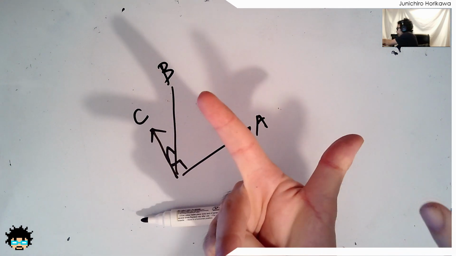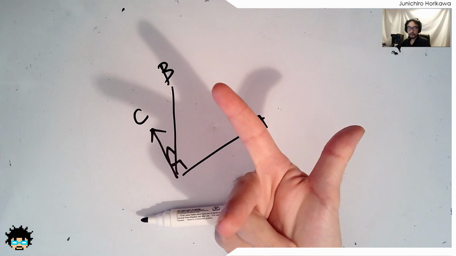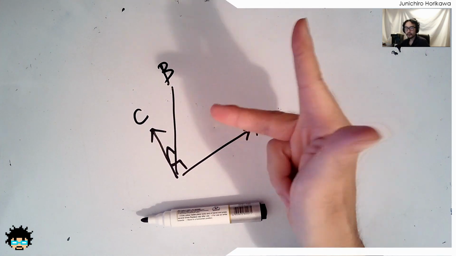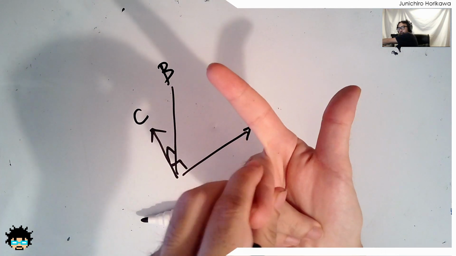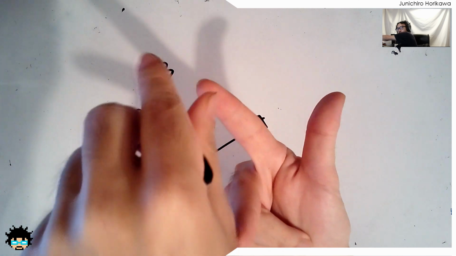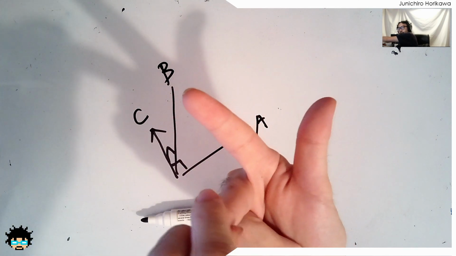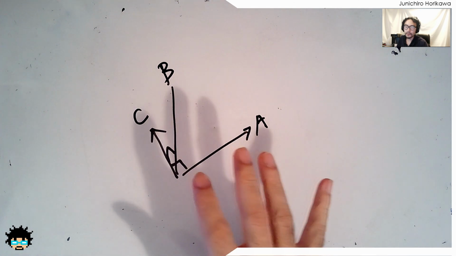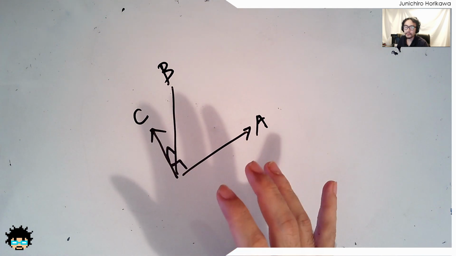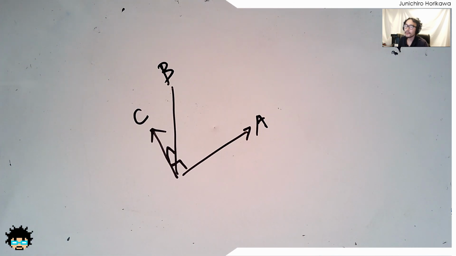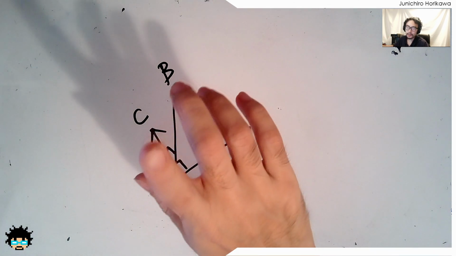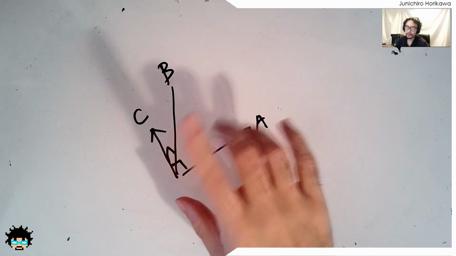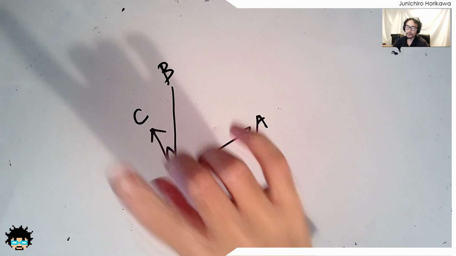So perpendicular to both of the vectors means that C is perpendicular to A, but also perpendicular to B as well. So you see vectors like this. This is vector A, this is vector B, and this is vector C. Like this one. So you have 90 degrees between B and C and 90 degrees between C and A. So that's the result you get when you calculate the cross product between A and B. Actually, there's more to this cross product, like information about the size, but for now, as a basic property, the direction of the vector that you have created between A and B is perpendicular to both of the vectors.